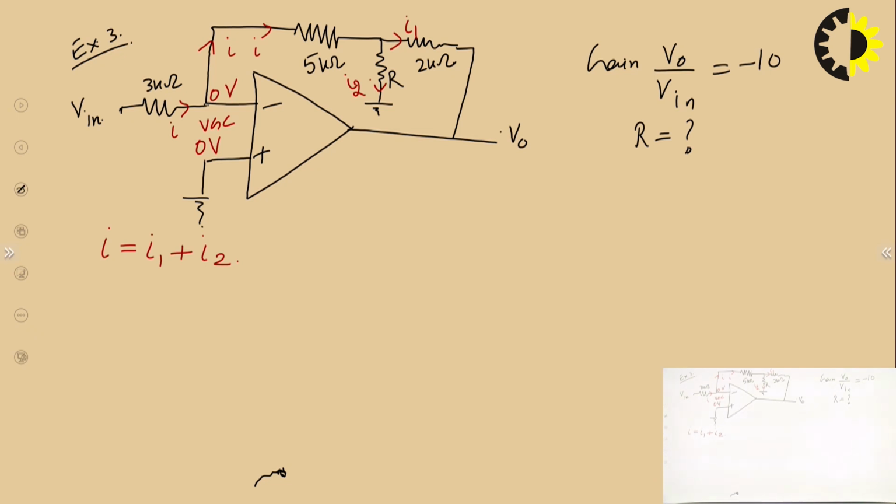I have to find out the value of R. Now what to do? At which point do we have to apply KCL? Now I will consider 2 points. This point's potential I know, but this point's potential I don't know.